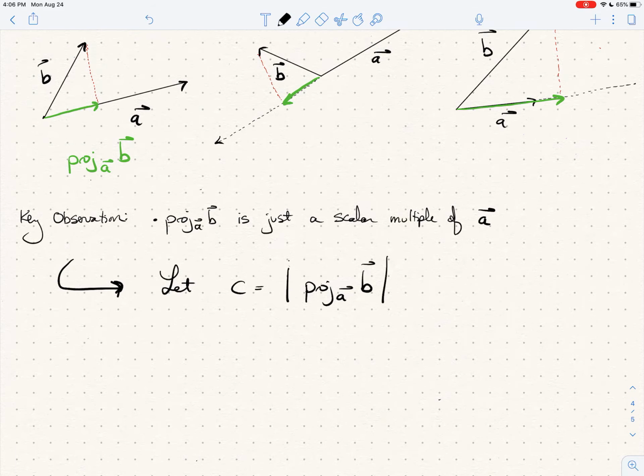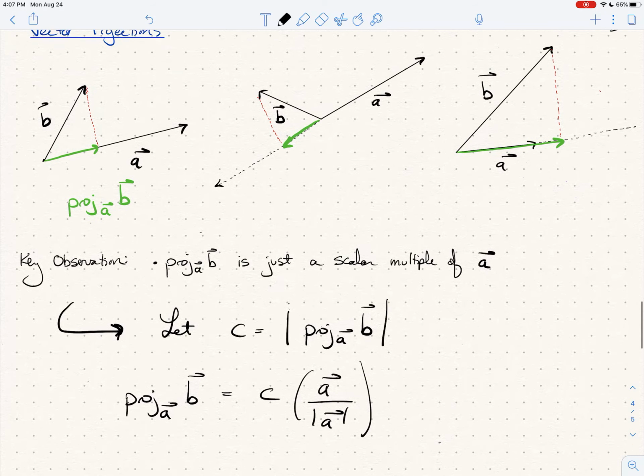So C is the length of the vector projection, and if I know that, then I claim that the vector projection can be written as C times the vector A over the length of A. Now, why is that?